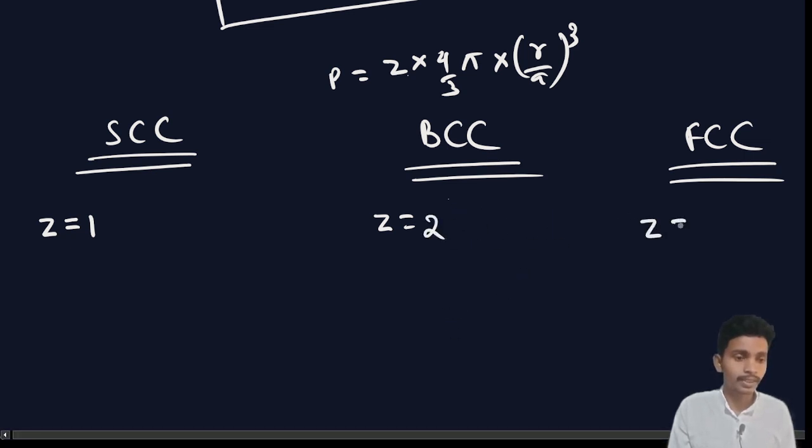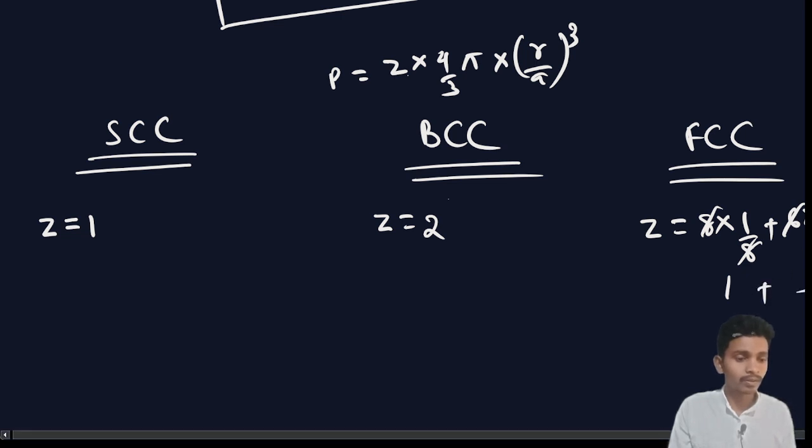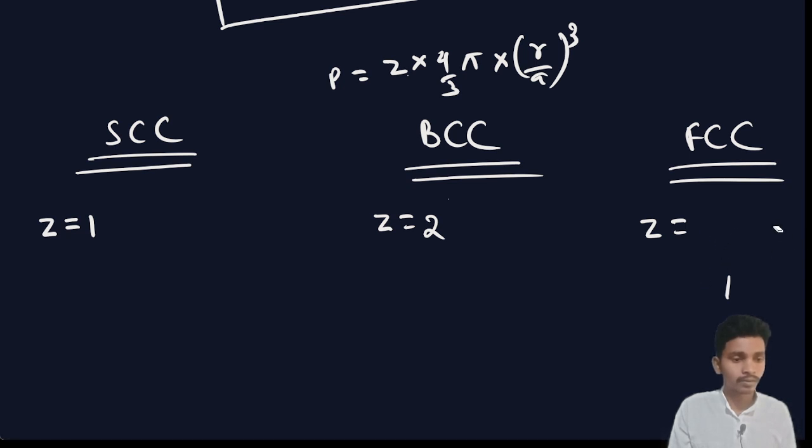For FCC, it is corners plus face centers. There are 6 faces with contribution half, so that gives 3, and in total it is going to be 4.